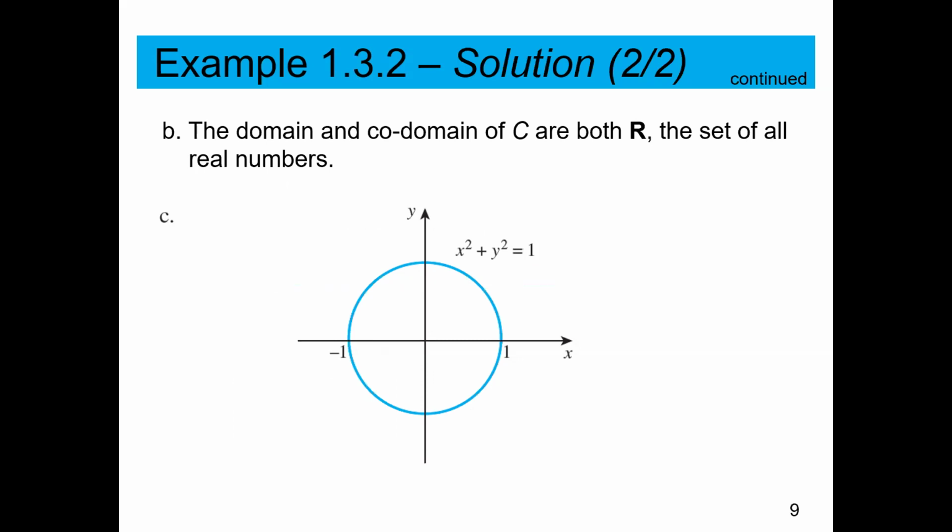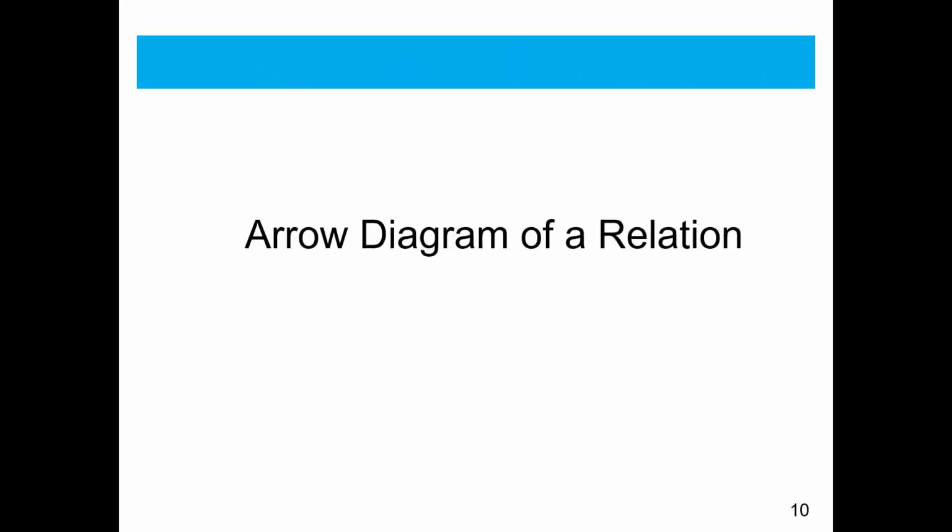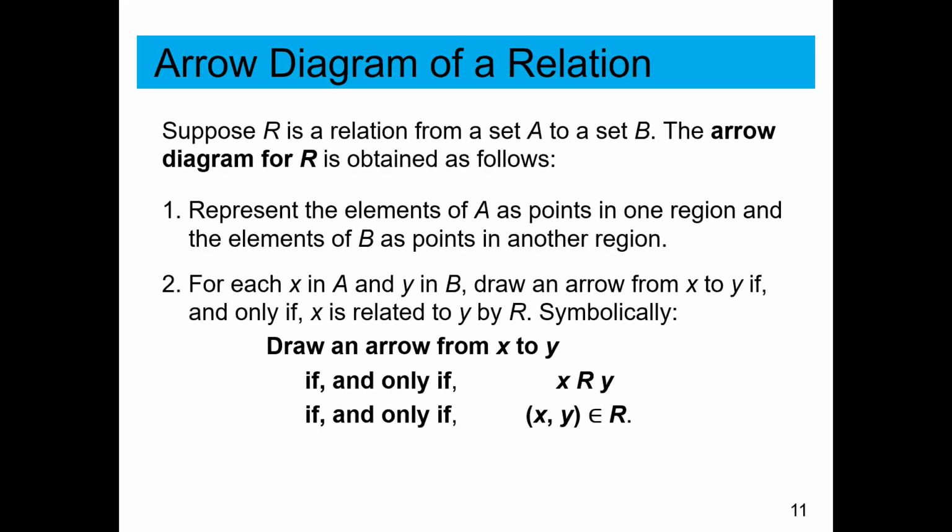Now, another way that we do this sometimes, instead of writing X R Y as an ordered pair, is we actually draw arrows. So, just to give the idea, if X R Y, let's say this is my set A, and I literally list them out.